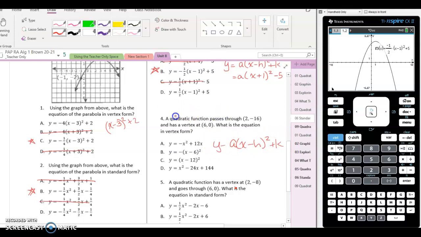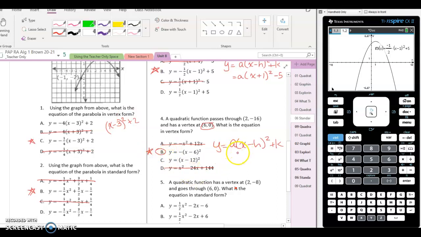It can't be standard form, so it has to be one of these. The only one that has a vertex of 6, 0 is this one right here, because 6 is your h and k is your y, which is 0. So the only answer it can be is B.